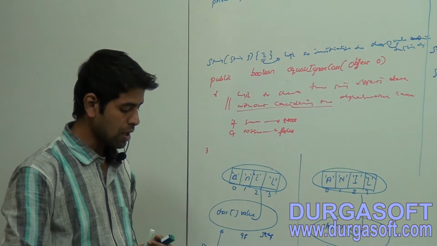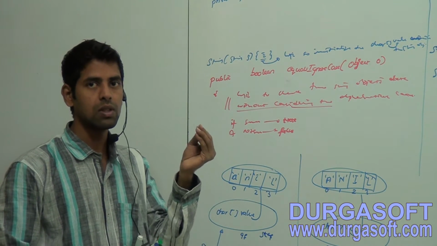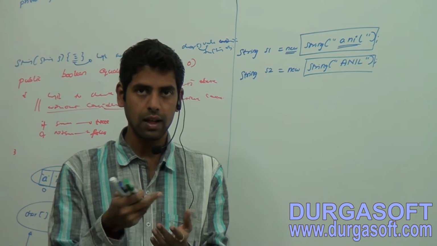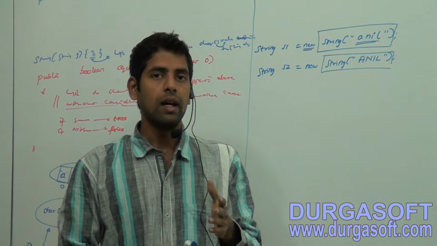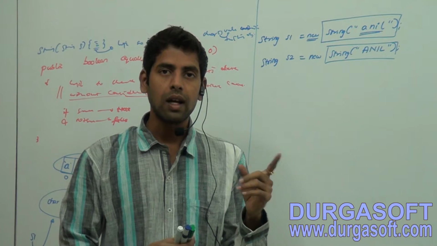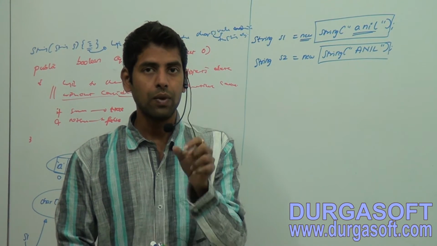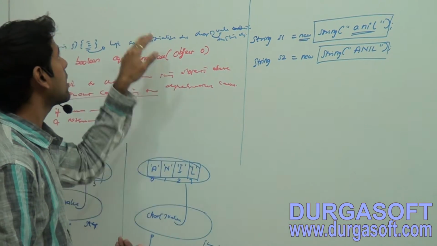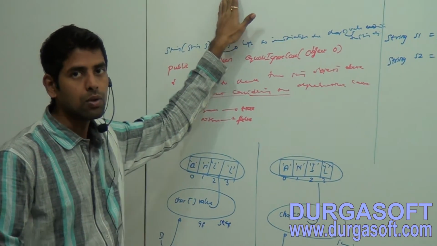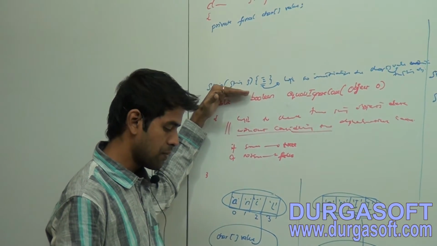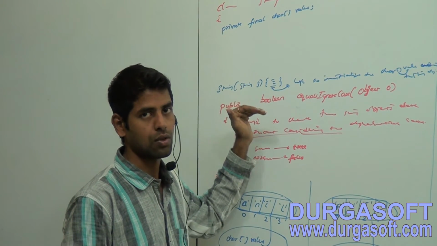So here we are discussing the equalsIgnoreCase method of our String class. Within our String class we have one final instance variable of type char array, a primitive char array, and a constructor with a String argument.